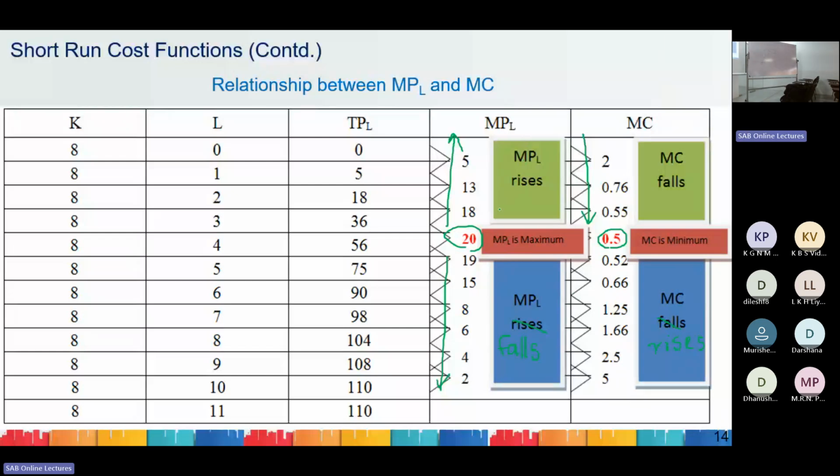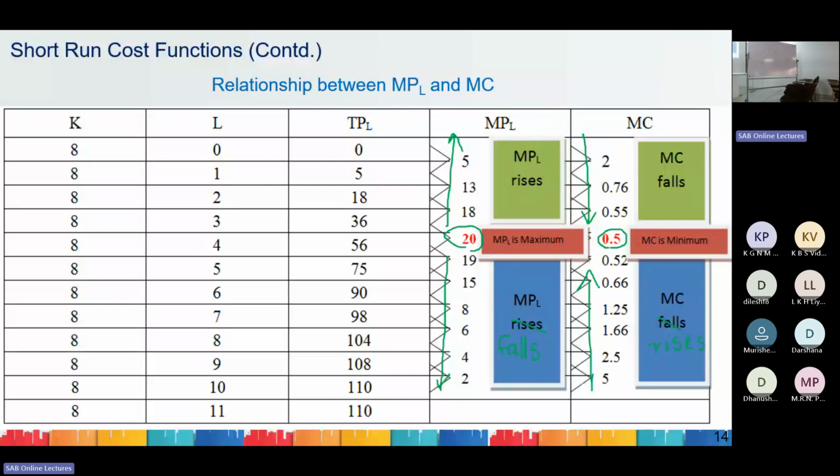Here it rises. Marginal product of labor is increasing initially and then reaches the maximum. Afterward, it declines. It falls. And corresponding to that, marginal cost falls initially and reaches the minimum, and afterward it rises.